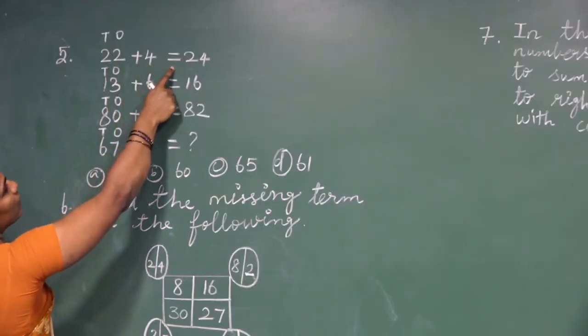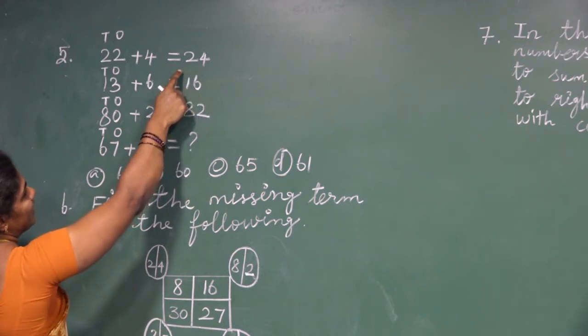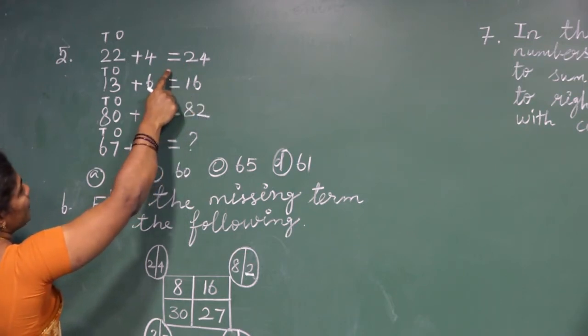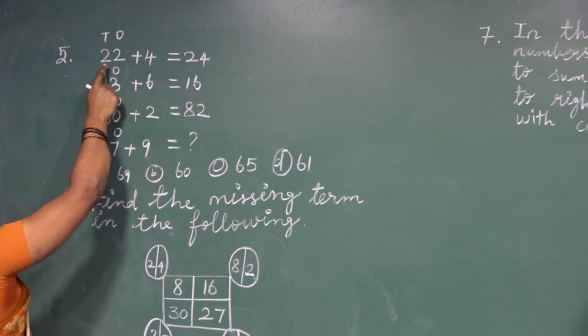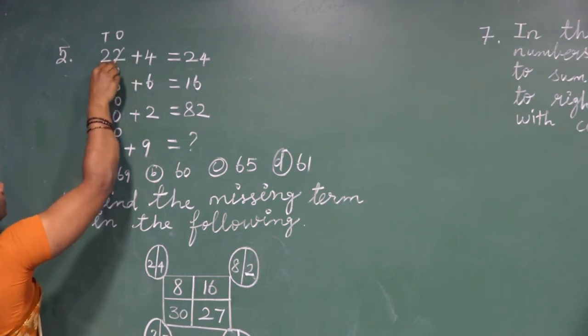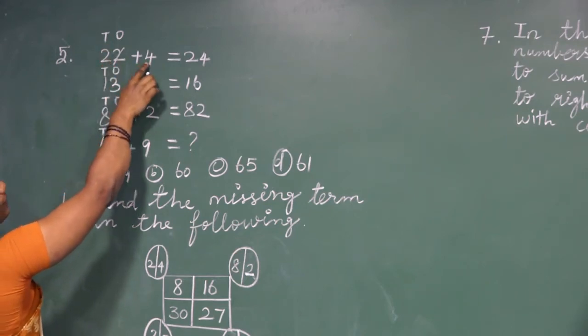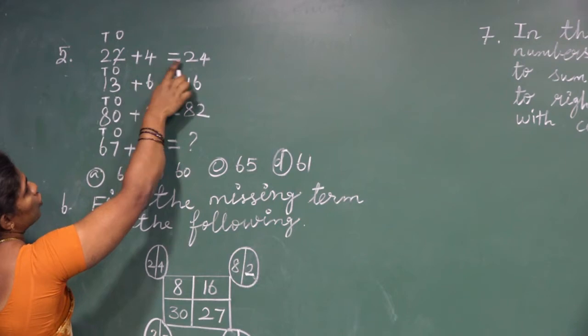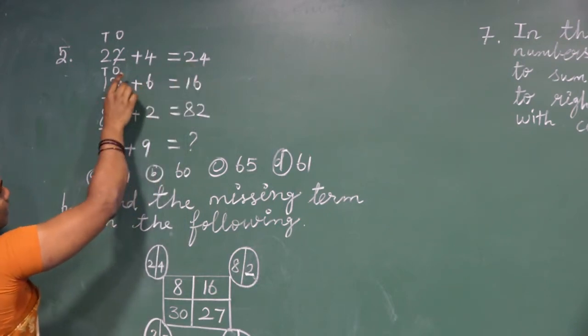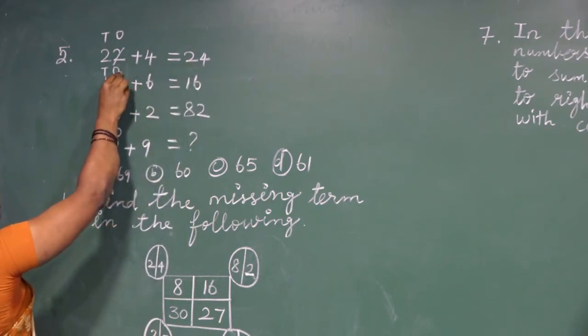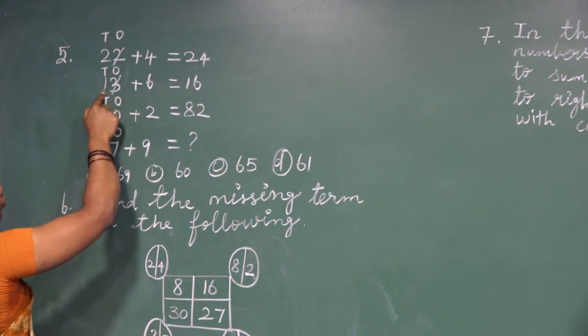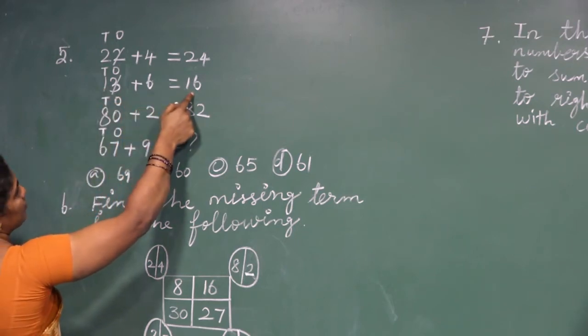Let us see the fifth question. 22 plus 4 equals 26. But here given 24. So listen to this pattern. You leave the ones place. 2 into 10 is 20. 20 plus 4 is 24. Like this. Here also leave the ones place. 10 plus 6 is 16.